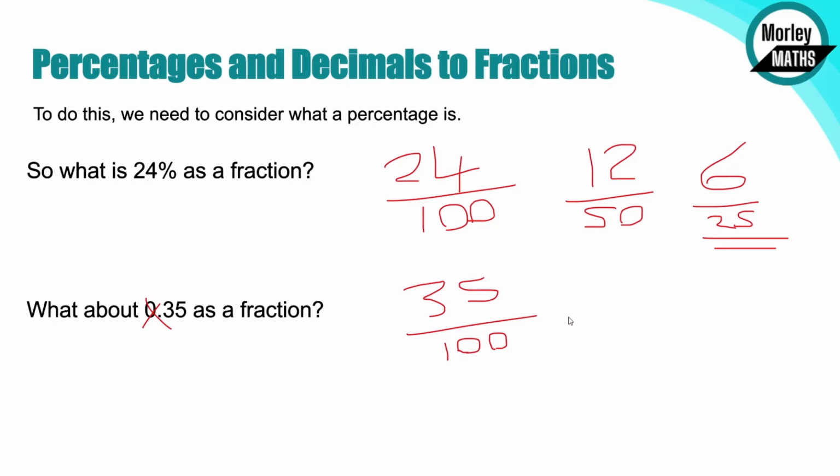We can use our 2, 3, 5 and 7 method to simplify the fraction down. We can divide that one by 5 and that would bring us down to 7 out of 20. The only thing 7 can be divided by is itself, and we can't do that here because 20 can't be divided by 7. So as a fraction, 0.35 is 7 out of 20.